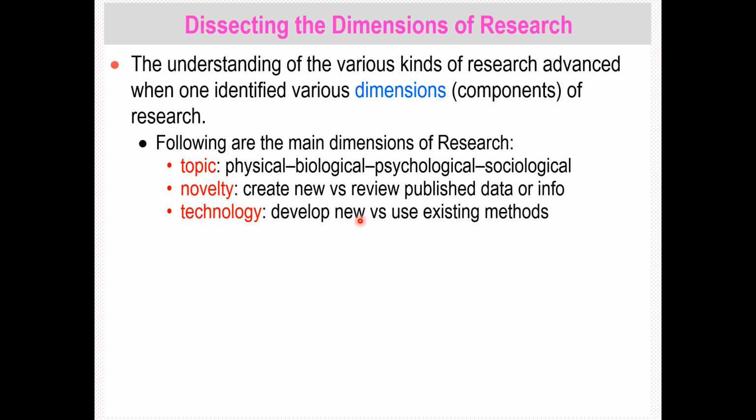Sometimes you have to add or subtract something from the existing methodology in order to accomplish your goal. New technologies might be developed by modifying existing methods, because you have found something novel, and to carry out that novelty you need to develop something new in the methodology.